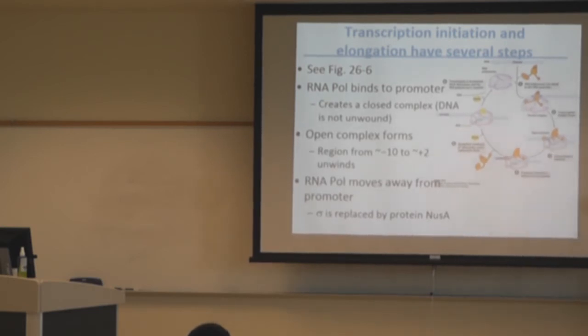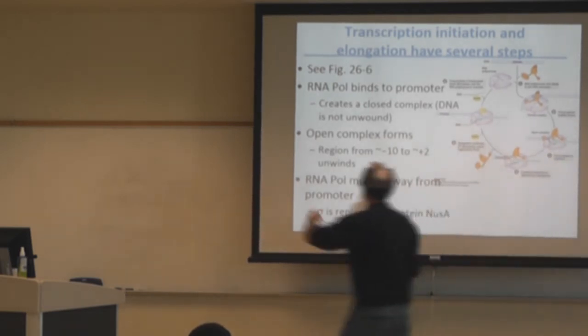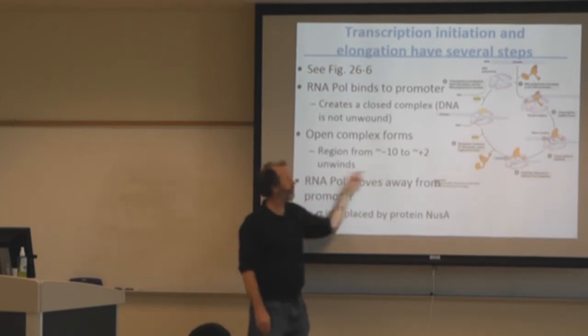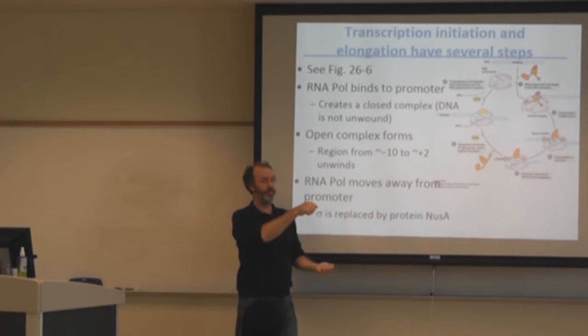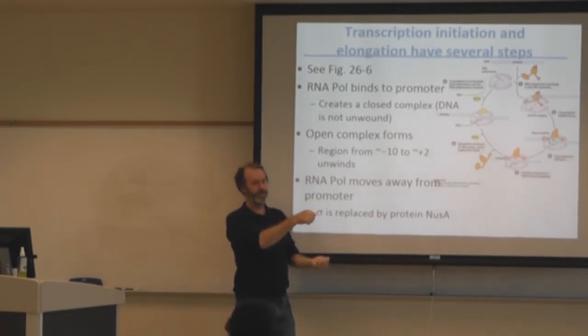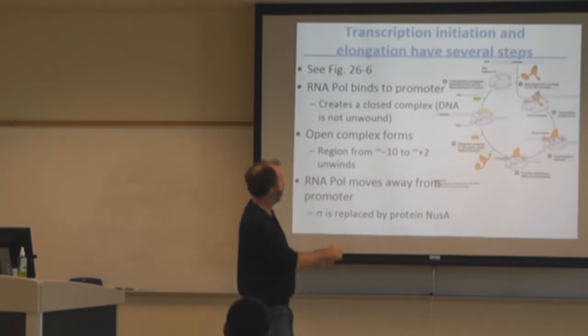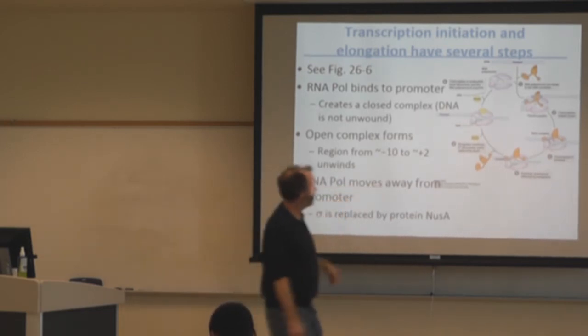So you unwind the DNA a small amount. Open complex forms, the region from -10 to +2 unwinds. So 10 behind the start, where you're going to start the new RNA molecule, to +2 unwinds.